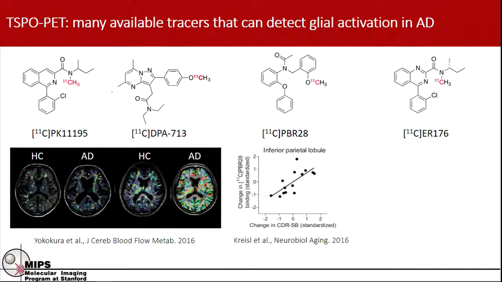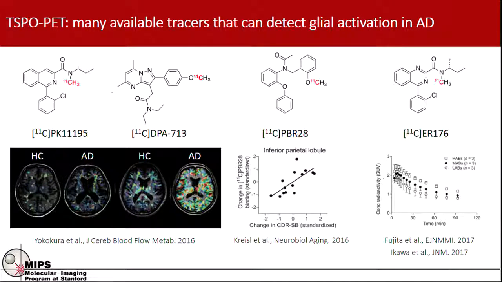So the group at the NIH actually made this new compound, which, at least in vitro, was insensitive to the polymorphism. This is actually an analog of PK11195, which is insensitive. When they went in vivo, however, they saw that there were some differences between the LABs, the MABs and the HABs, so low, mixed and high affinity binders.